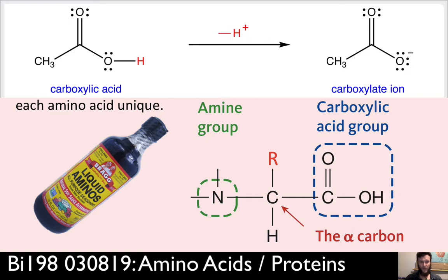So it's a carboxylic acid. An acid in general is a proton donor, and a base for the purposes of this class is going to be what we consider to be a proton acceptor. So this carboxylic acid is able to donate a proton.